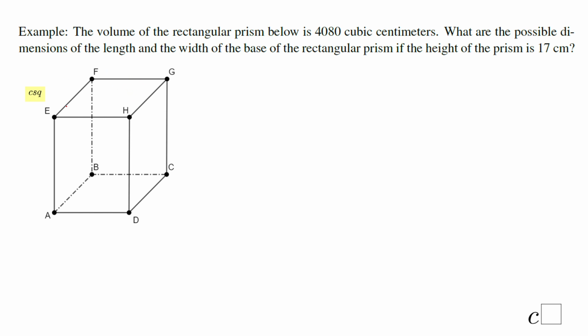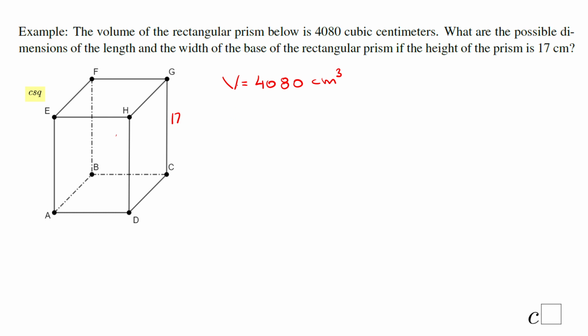So we know the height of this guy, this is 17 centimeters. We know the volume, which is 4080 cubic centimeters. So in case you see something like this, that's the meaning.